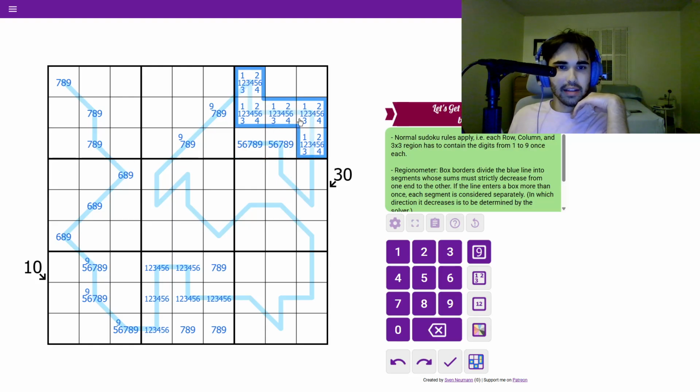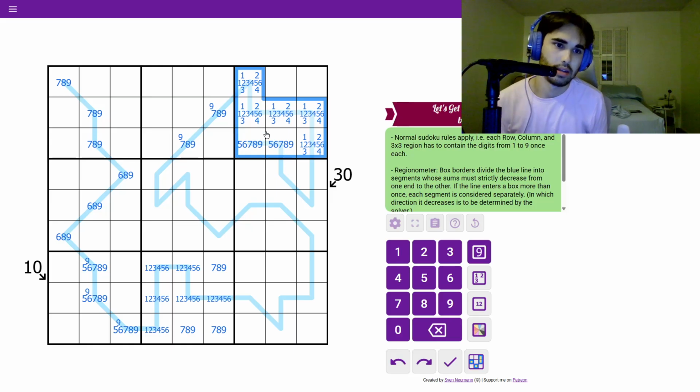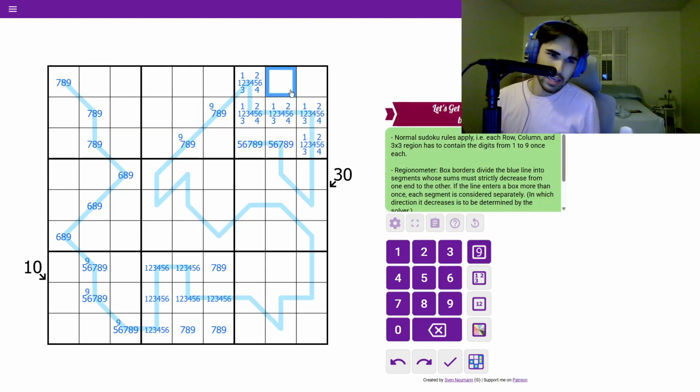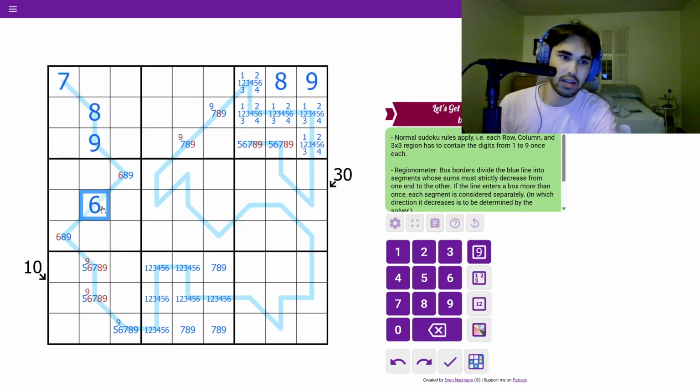If I minimize that, I guess the bare minimum here is 28. Can it be? Because then, if it was 28, that'd be 8, 9. That's 7. That's 8 and 9. That's 6.